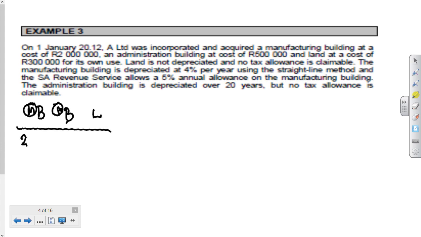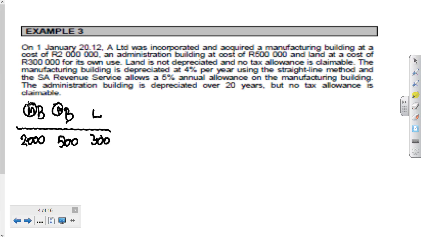Manufacturing building was 2 million. Admin building 500, land 300. On incorporation, which was 1 January 12. Land is not depreciated and no tax allowance is claimable. The manufacturing building is depreciated at 4% straight line and SARS allows 5% annual allowance on this building. So accounting is 4%.